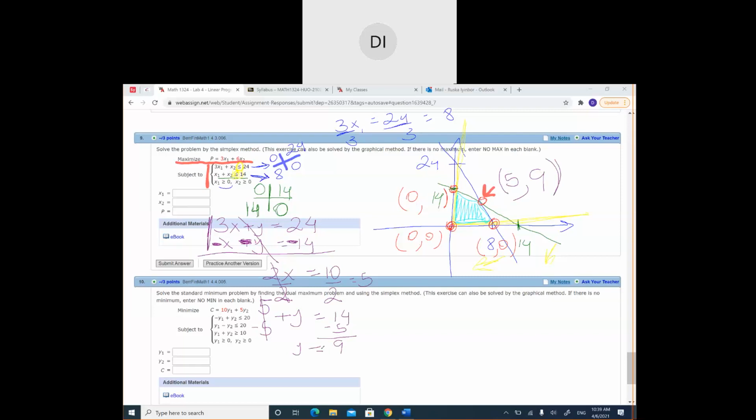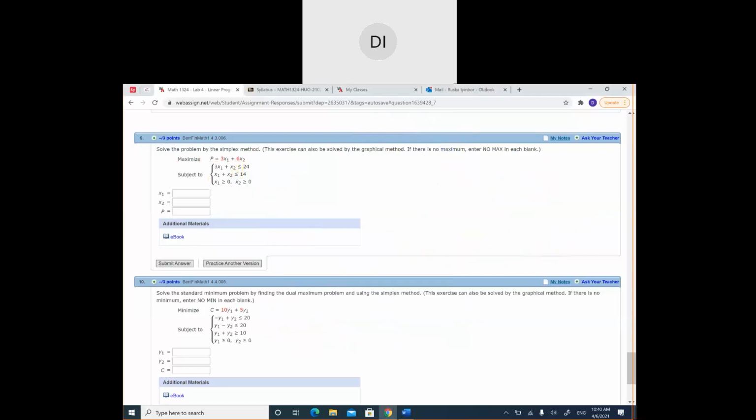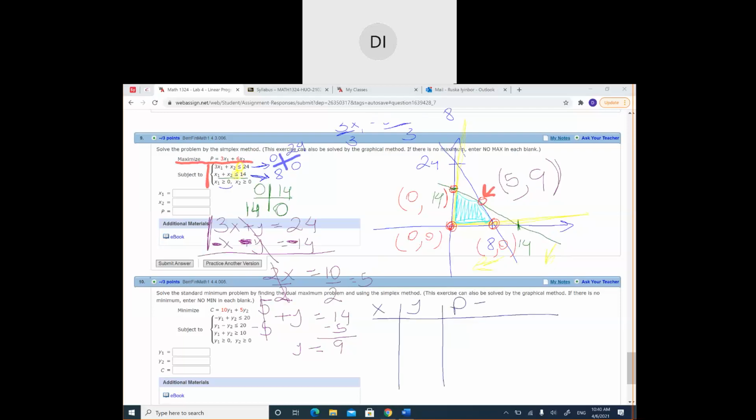So now we need to calculate the table. We have all these 4 points to evaluate the function to find the maximum. So let's set up the table. We're going to set up the table x, y, and the function p. In this case, it's x1 and x2, but doesn't matter, I'm just going to use x and y. And I'm going to plug in p equals 3x plus 6y.